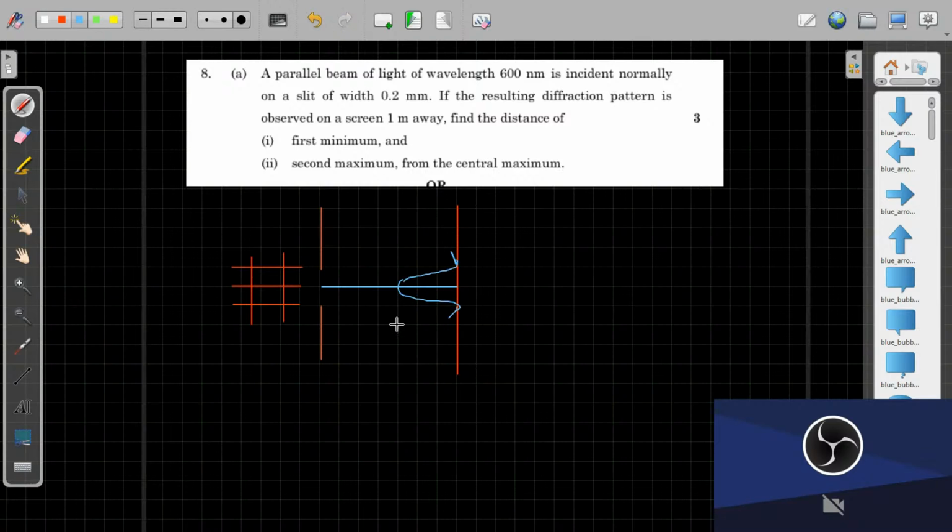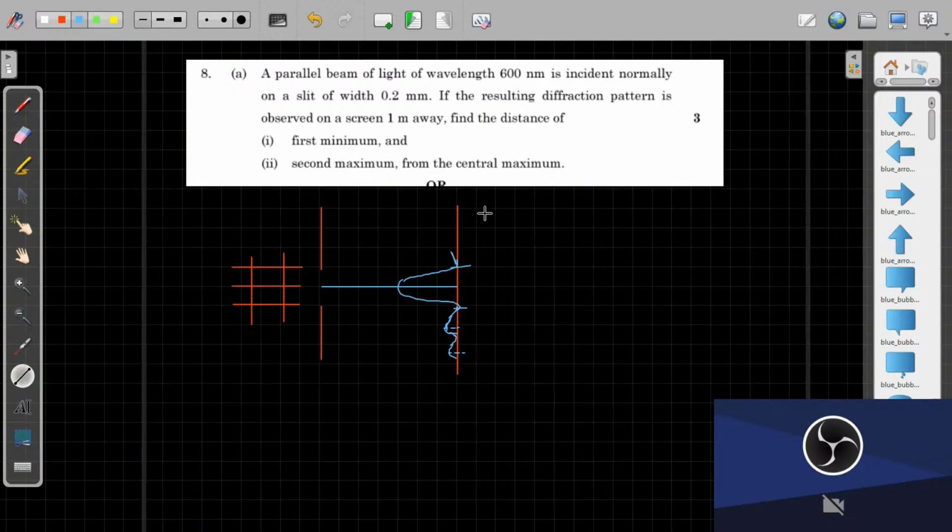What do you need to do? First find the distance of the first minima. This is the first minima. Then there is this, the first maxima. Then there would be this, the second maxima, and so on.